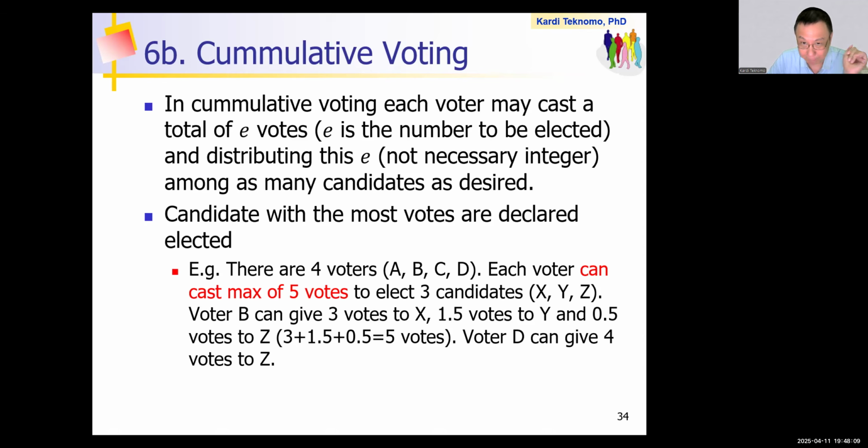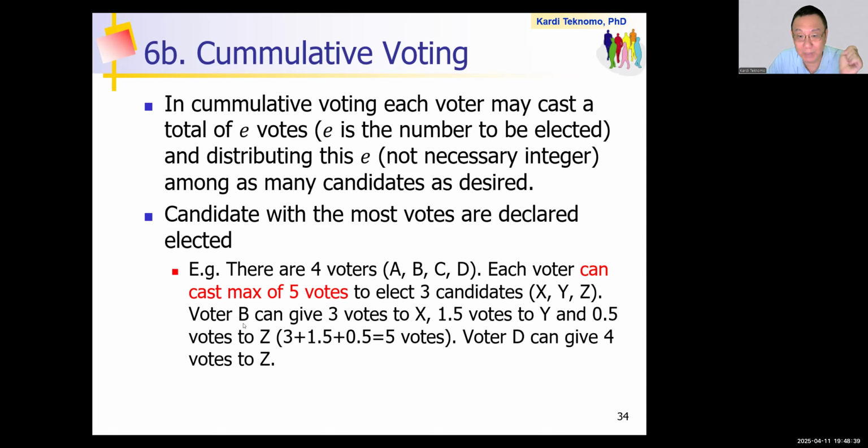Let me give you an example. Say you have 4 voters, A, B, C, D, and 3 candidates, X, Y, and Z. Suppose E here is 5, so each voter can cast a maximum of 5 votes to elect these 3 candidates.